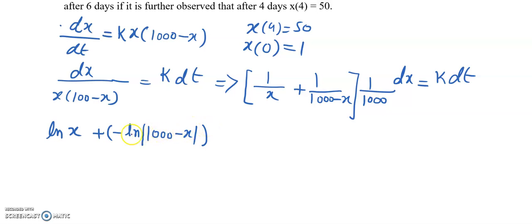So it will be minus log, and then this 1000 goes to that side, so it will be 1000 k dt, it will be kt, and then plus a constant.